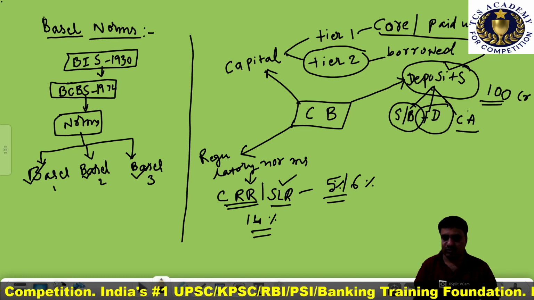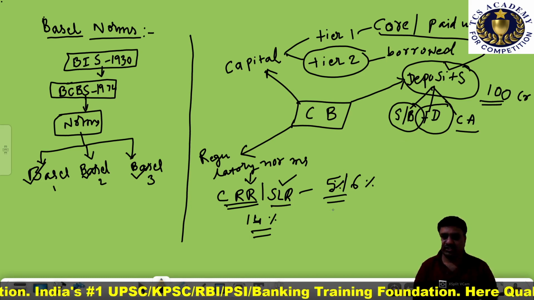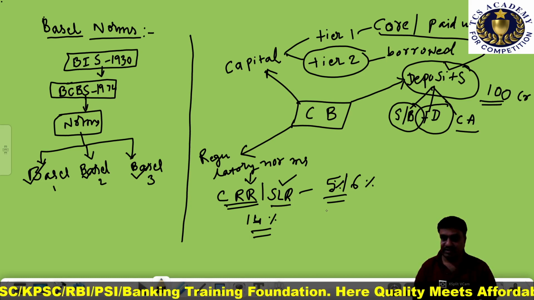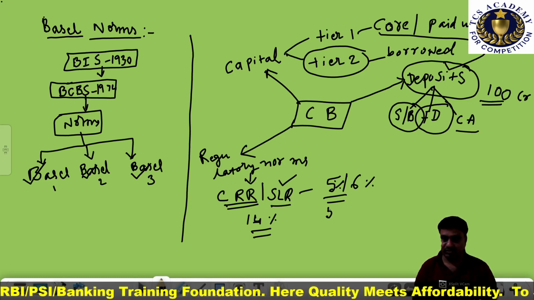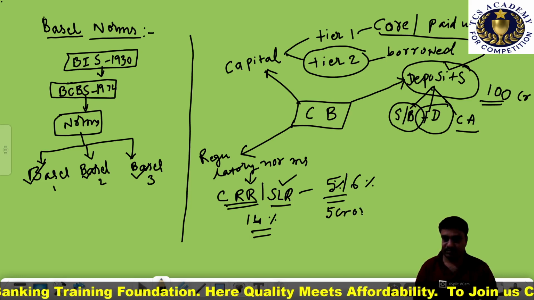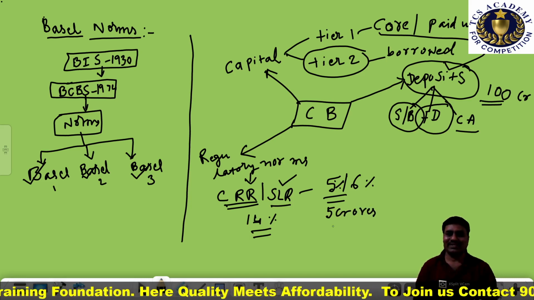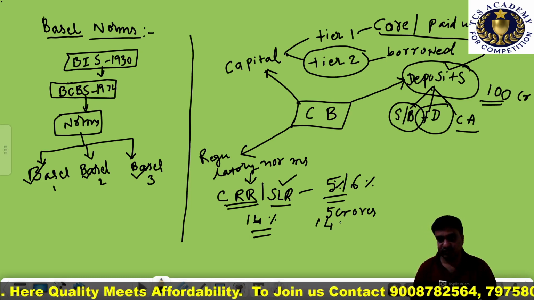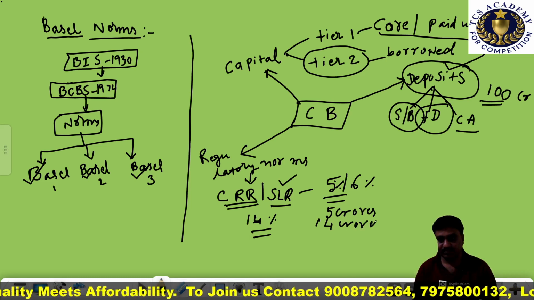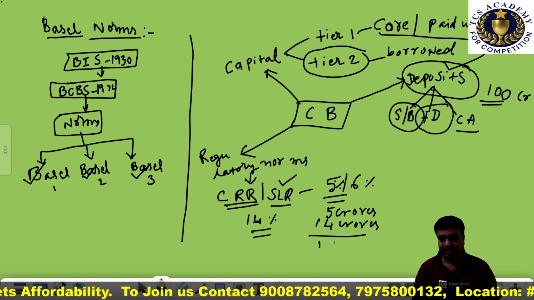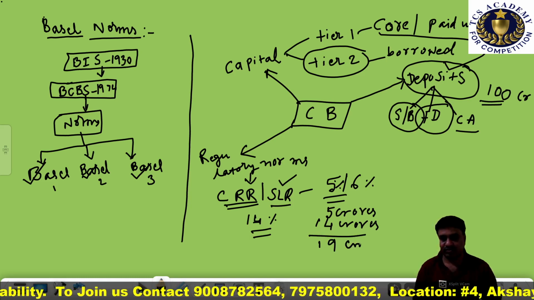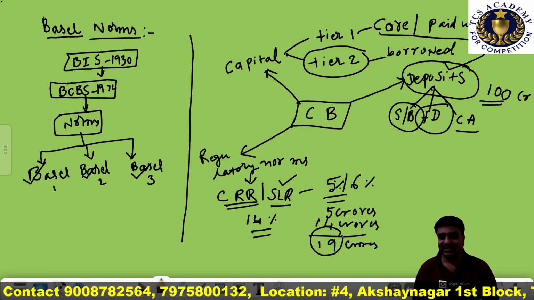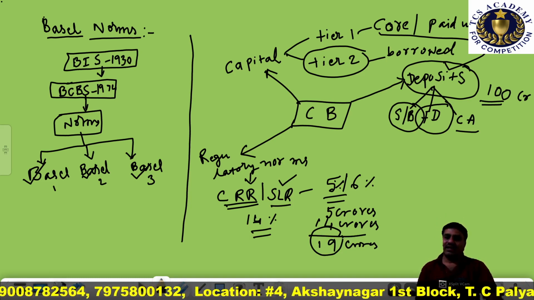Out of this 100 crores, 5 percent is 5 crores, and 14 percent of 100 crores is 14 crores. So these two put together come to 19 crores. This is the 19 crores the banker has to comply with.